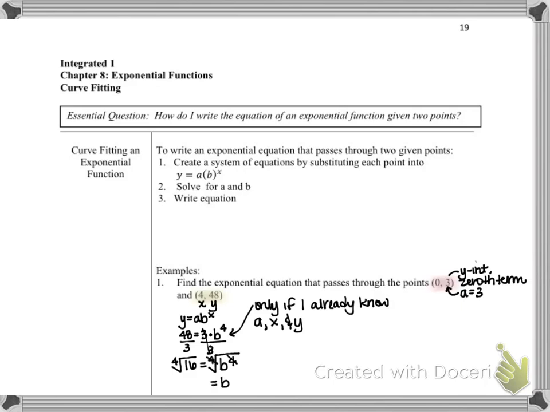Now I can type this into my calculator. To do the 4th root of something, you are going to push the math button. If you have a graphing calculator, in this case, you'd be looking for the nth root.